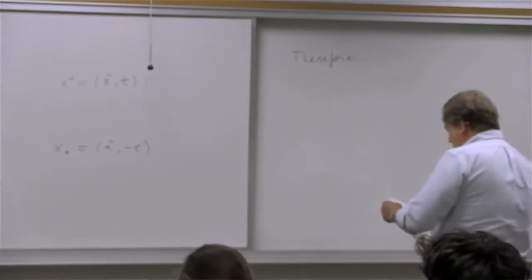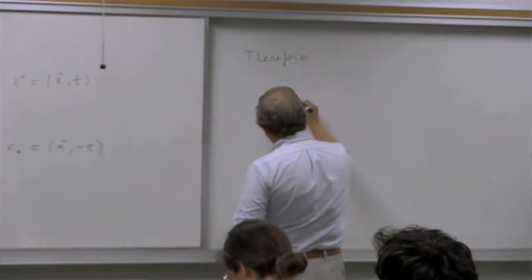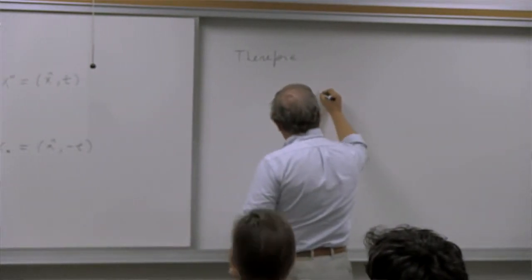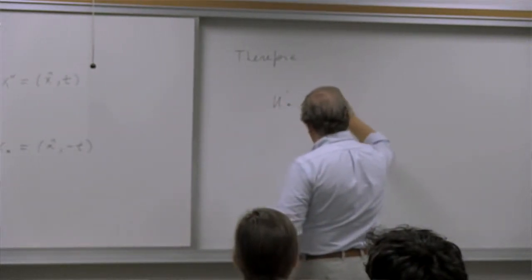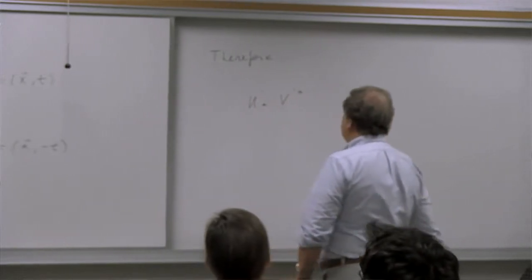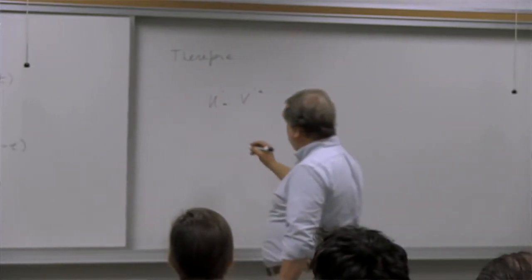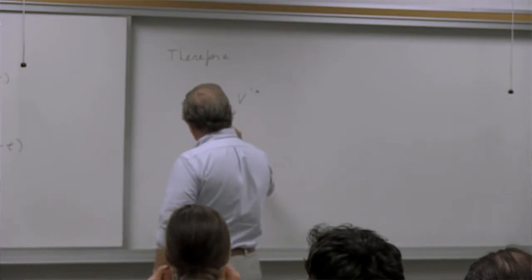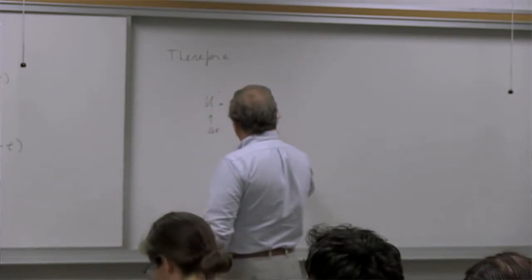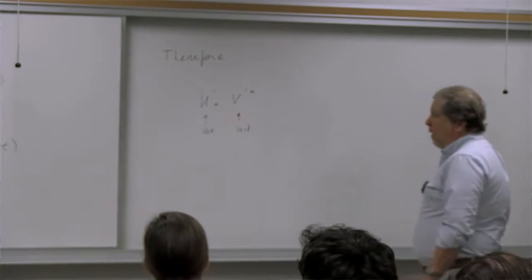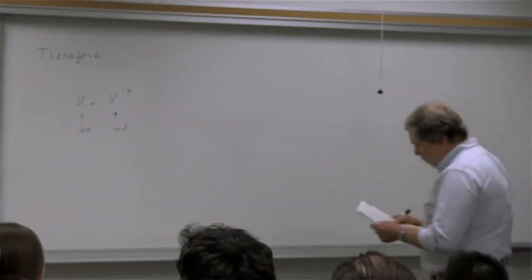So if you take u prime alpha and v prime beta, with alpha index up now like this, this one is covariant and this is contravariant. Then the transformation law is what we have over on that side.